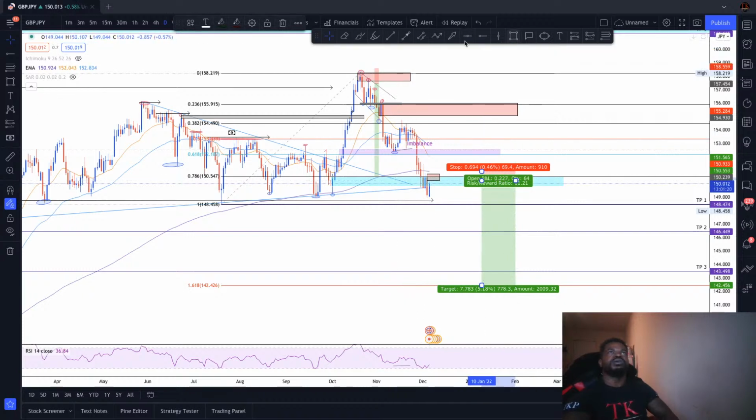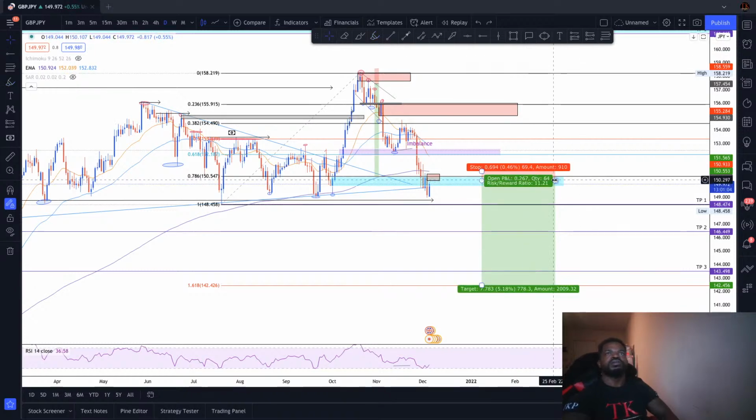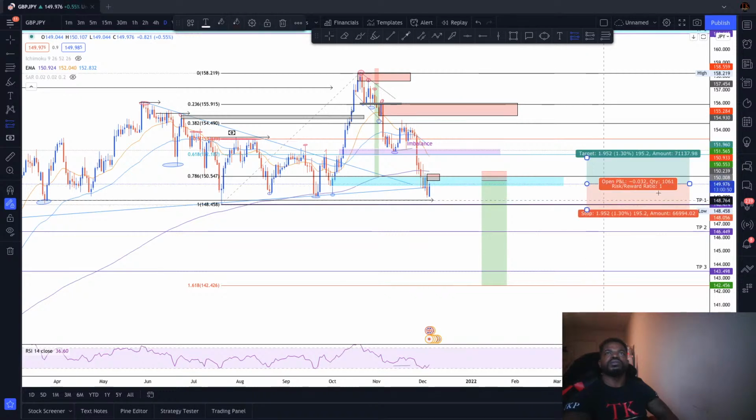if price broke this trend line and is only coming back to retest the break of that trend line, then we could be looking at this as a potential setup. But we'll have to wait to see what price confirms, because we could get this move.